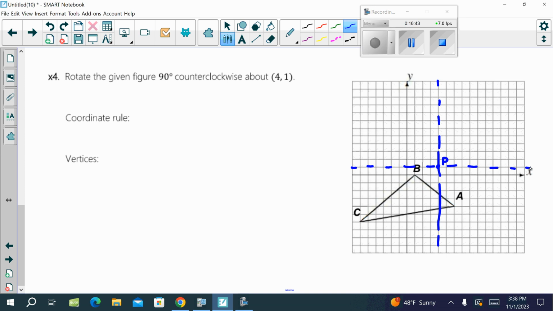So which rule was that? -y, x. Opposite of y, x. So whenever you rotate your patty paper, where should your triangle end up if it's 90 degrees counterclockwise? Right, in quadrant 4. So it should end up over here. Okay, so do that. Write down your ordered pairs. And then we can check to make sure that these are the same.